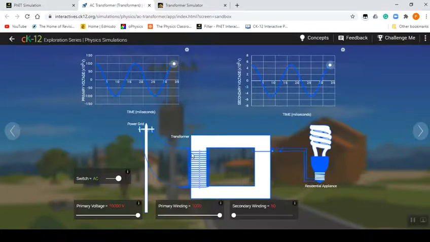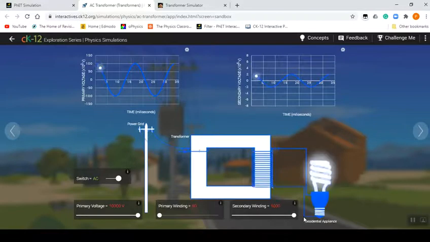So we step down our voltage by having more coils on the primary side and fewer coils on the secondary side, or we swap around the coils, and this is what we call a step-up transformer. Here we have only a few coils on the primary side.